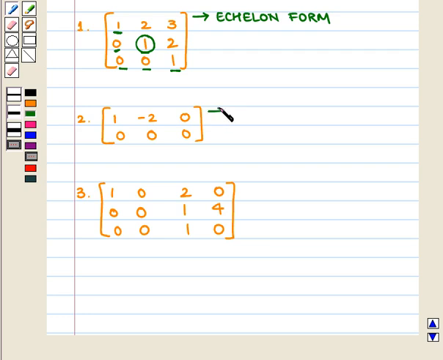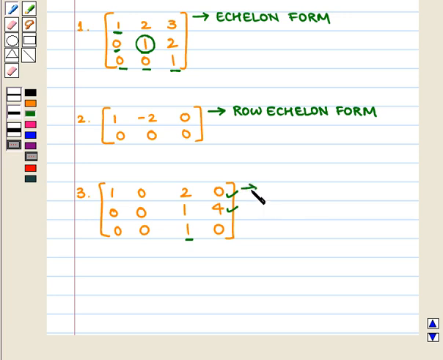The second matrix is also in row echelon form. See here, the row whose entries are all 0 appears at the bottom of the matrix. In the third matrix, the first two rows satisfy the conditions of echelon form, but we see the leading entry of the third row is 1, but it is not to the right of the leading entry in row 2.